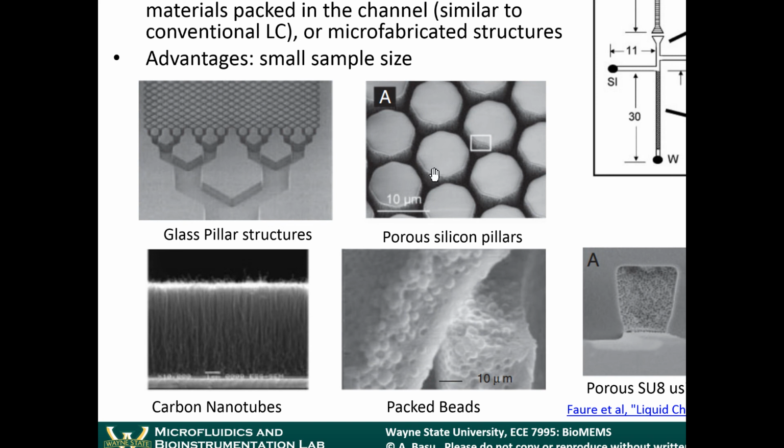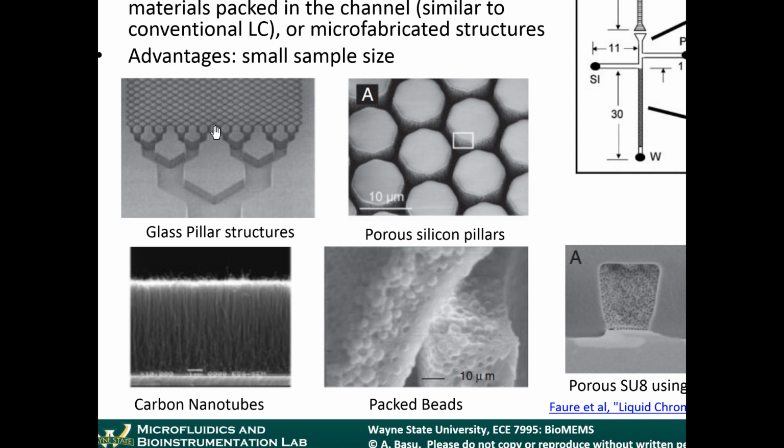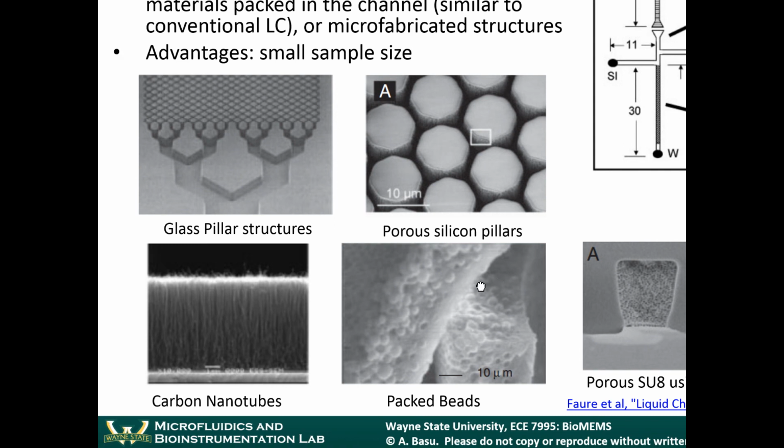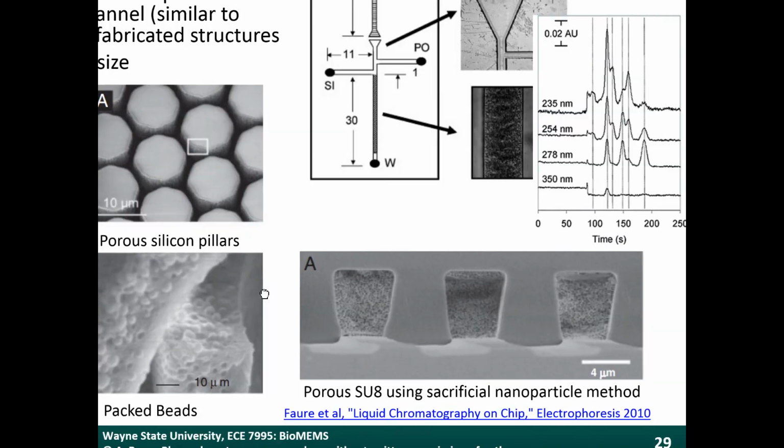A hydrophobic molecule would actually travel through this thing faster than the hydrophilic one. So if the surface of these pillars are hydrophobic, then the opposite happens. So by making these pillar structures and treating them with a certain surface property, you can get different molecules to go through at different speeds. You can have pillars. You can also use carbon nanotubes like this. You can buy the slurries commercially, and you can push them into the chip yourself, although that's not always easy to do.